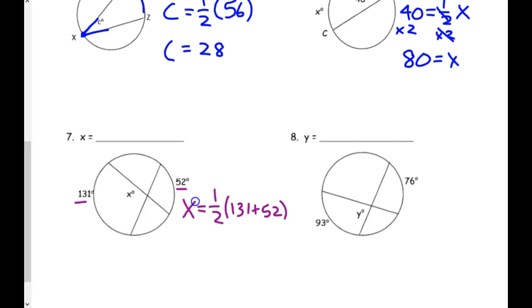What is 131 plus 52? 183. Then I need to find half of 183. You would probably get a fraction, but make sure you hit Control Enter, and you get 91.5.